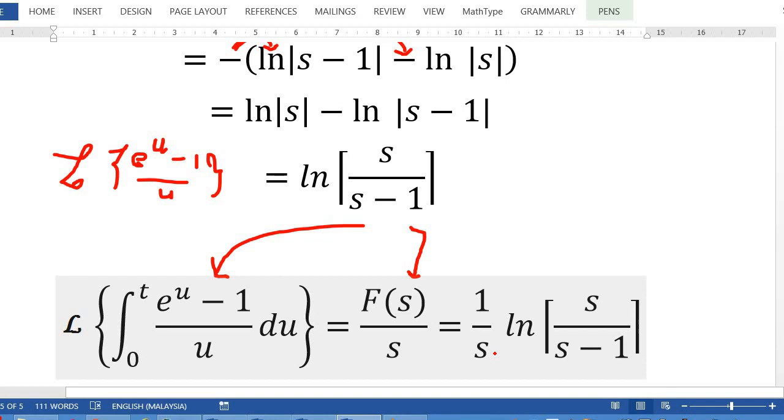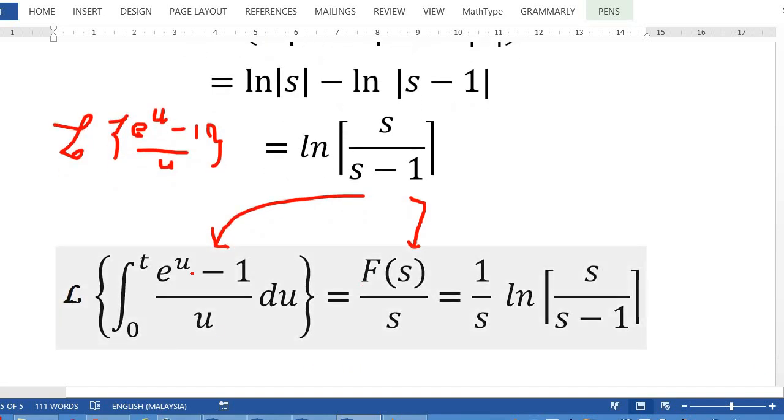This question is a bit confusing because in order to get the Laplace transform for the integral of f(u) du from 0 to t, which is equal to F(s) over s, to get the F(s), it means you need to find the Laplace transform for e to the u minus 1 over u, where we solve it using the division by t property.